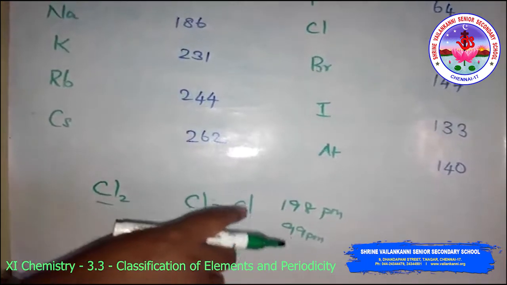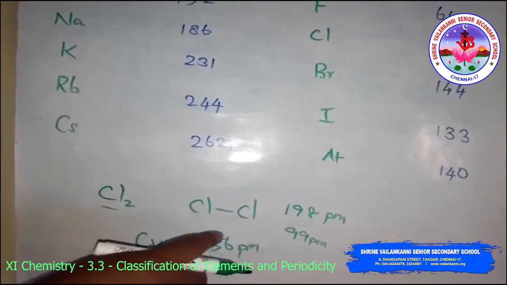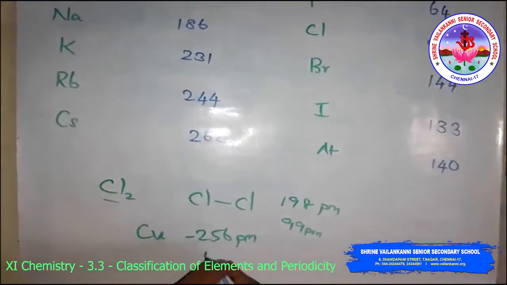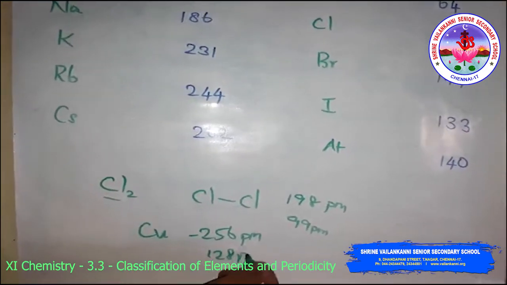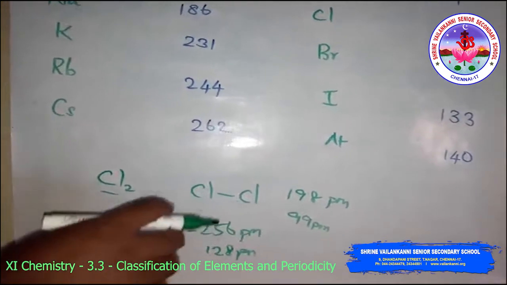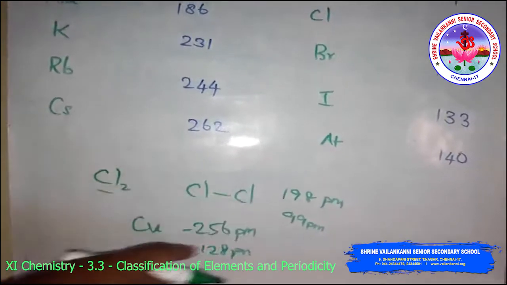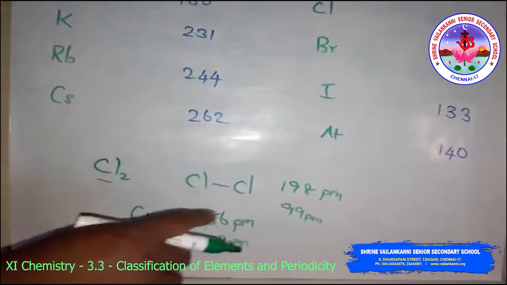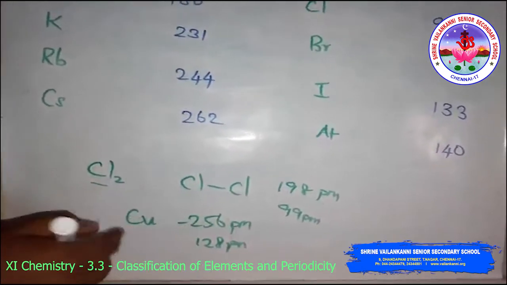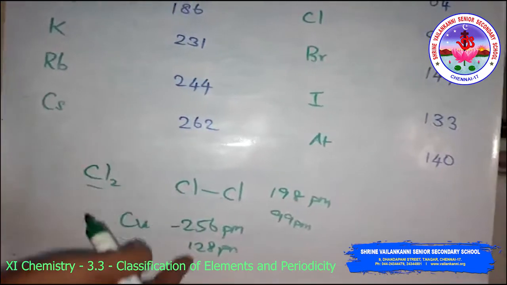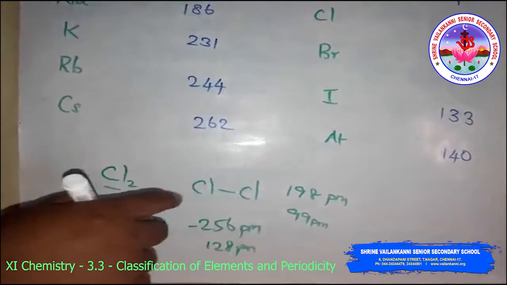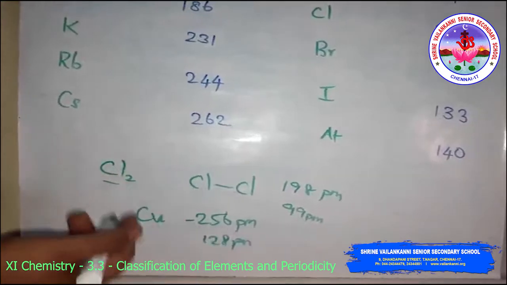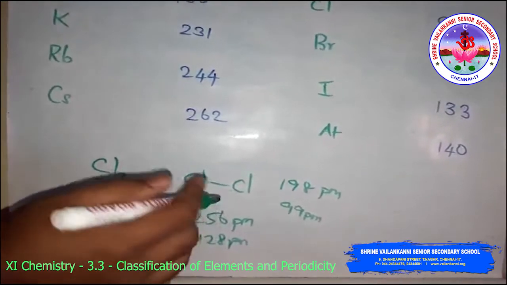Here the metallic radius of copper is assigned the value of half, that is 128 picometer. So in this book we use the term atomic radius to refer to both covalent and metallic radius, depending on whether the element is a non-metal or a metal. Atomic radius can be measured by X-ray or other spectroscopic studies.